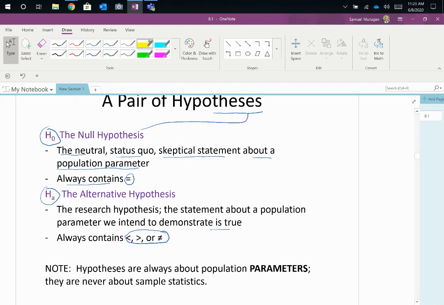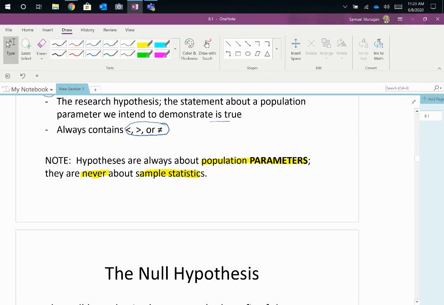Okay, very important. Hypotheses are always about population parameters. They are never about sample statistics. Always about the population, and we know that when we talk about population, we talk about parameters. In other words, the hypothesis is going to be about the population in general.